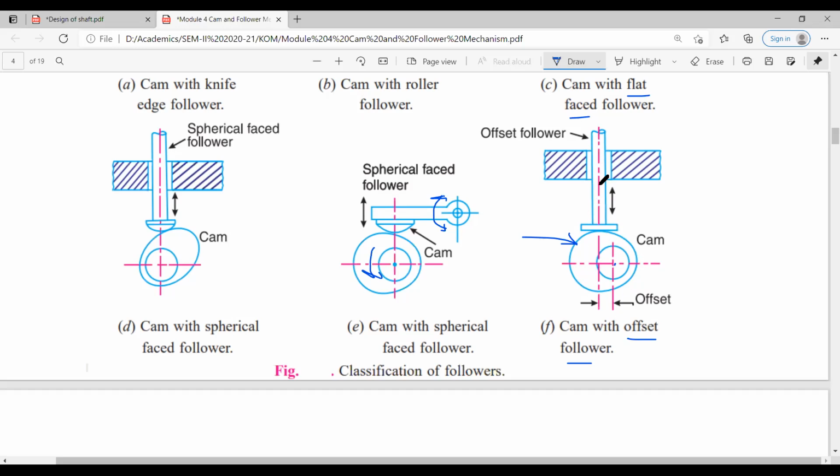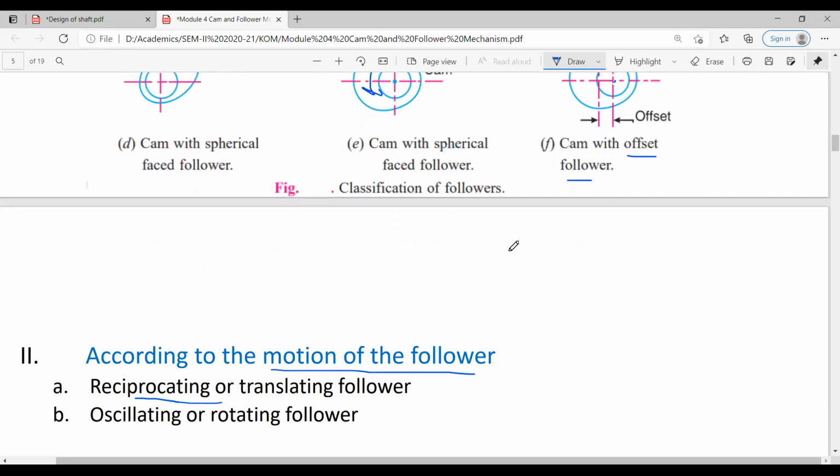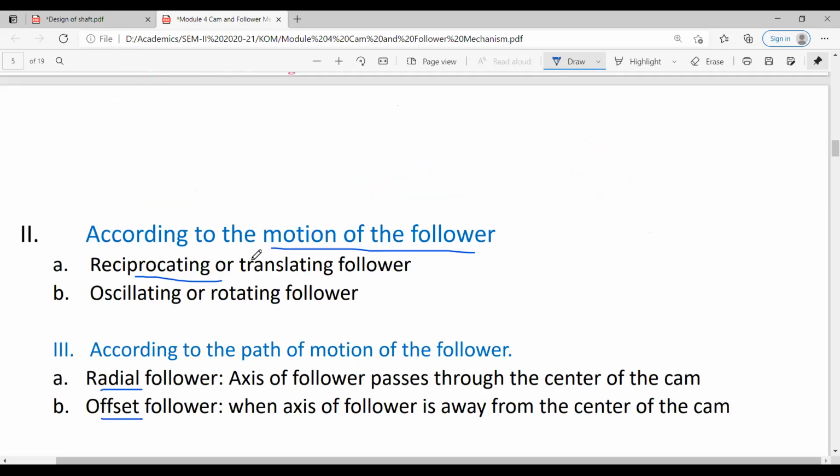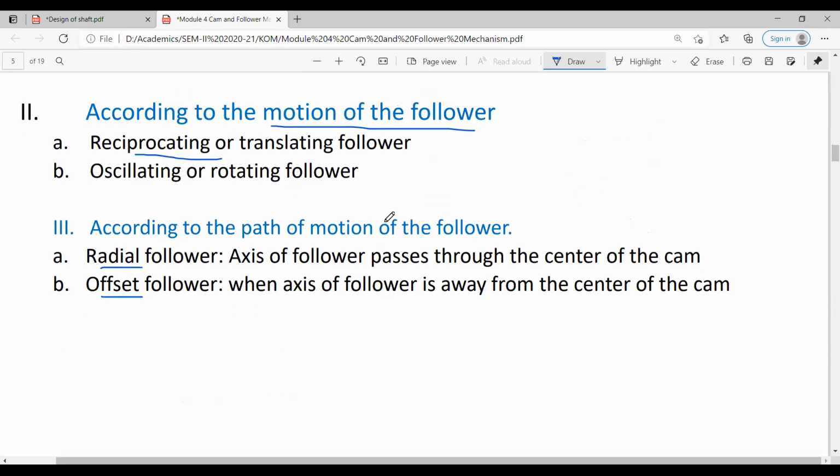This offsetting reduces the friction or side thrust. That is the advantage of offsetting. So these are the three classifications of the follower based on different criteria.